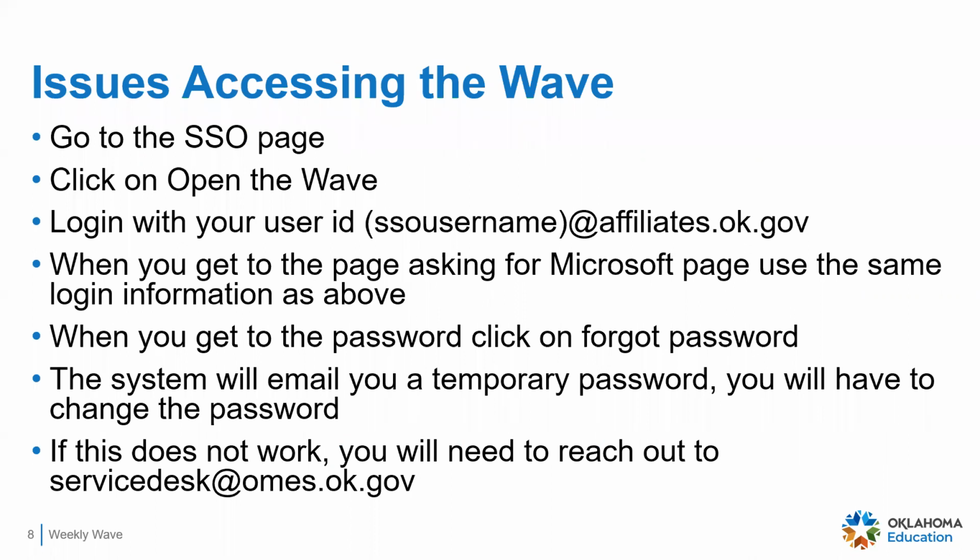You want to use the same login information that is listed above. Then you'll click on Forgot Password. The system's going to email you a temporary password and you'll have to change it. If for some reason this process doesn't work for you, you'll need to contact OMES again at servicedesk@omes.ok.gov.